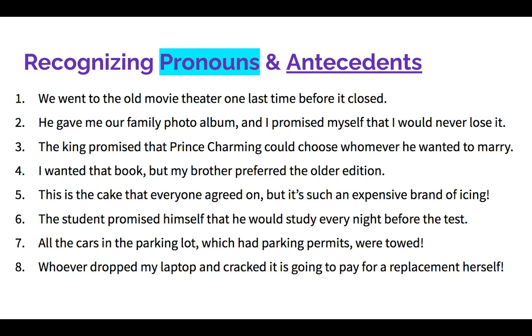You're also welcome to write down the entire sentence, which I think is very helpful, and then highlight the pronoun and underline the antecedent. That's how I'm going to be doing it. So if it's helpful for you to do it the same way, please go ahead and write down the whole sentence, highlight the pronoun, and underline the antecedent. You can pause the video now and do numbers 1 through 8.